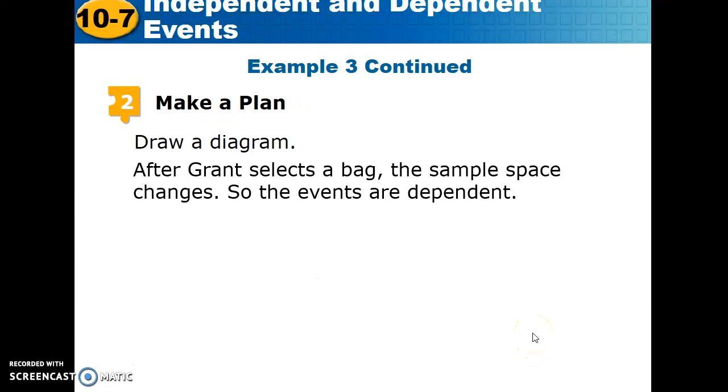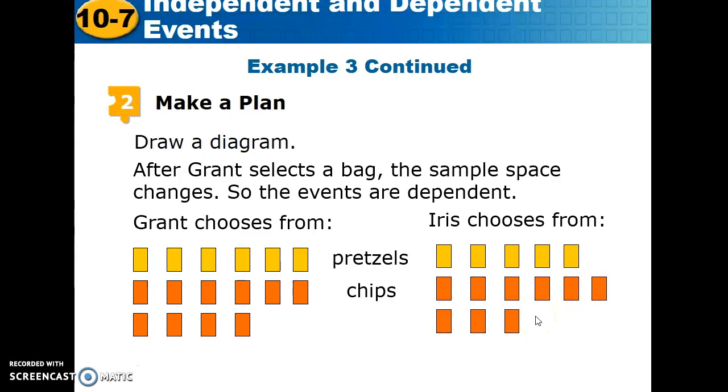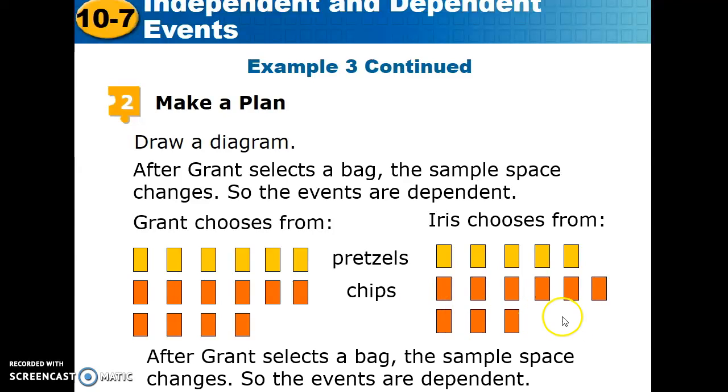We're going to draw our diagram. After Grant selects, here they all are. He's going to choose his pretzels. The events are dependent because we're removing one of the items from the sample space. So here we have 6 opportunities for Grant out of 16. And when Iris comes up, there's only 15 bags left, but she has 10 out of 15. Grant selects a bag. The sample space changes.